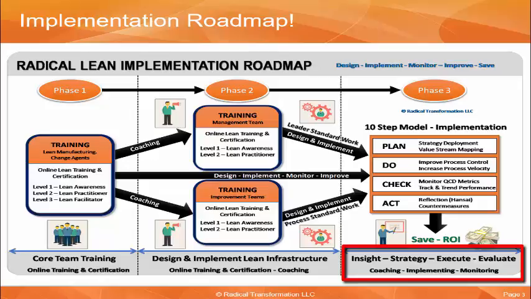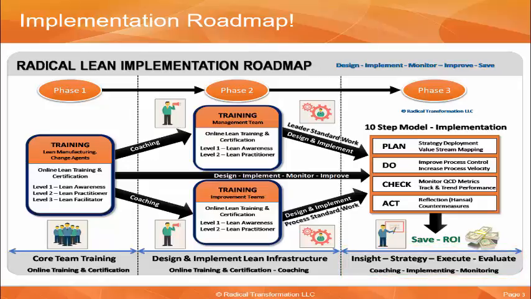You develop a strategy based on those metrics. You execute that strategy, and then once you've performed whatever it is you need to do through the execution process, you then evaluate the outcome of that. And you need coaching, you need implementing, and you need monitoring skills to be able to do all of that.